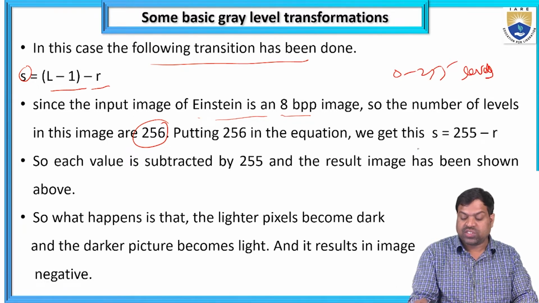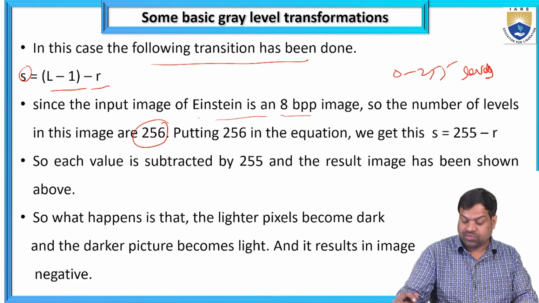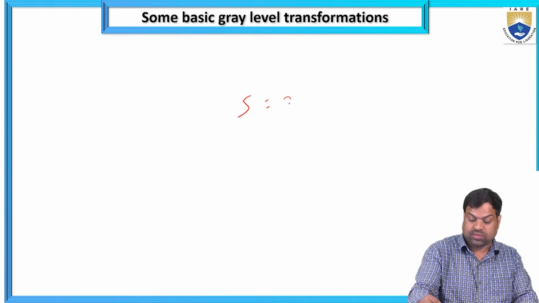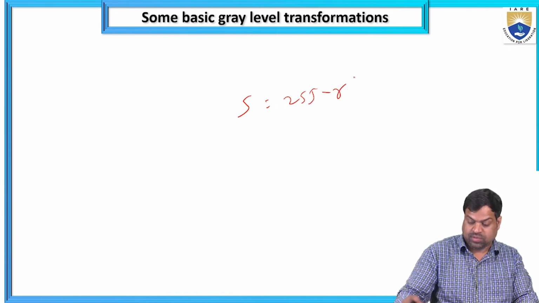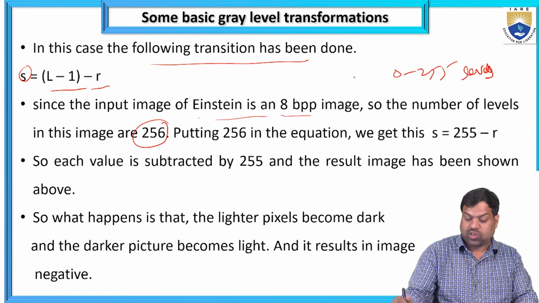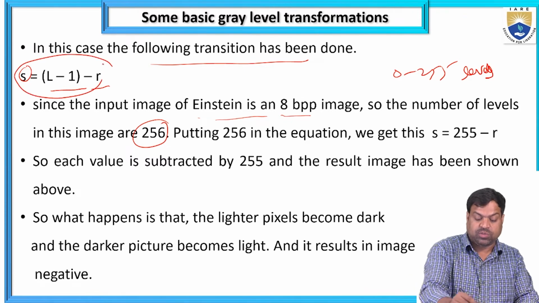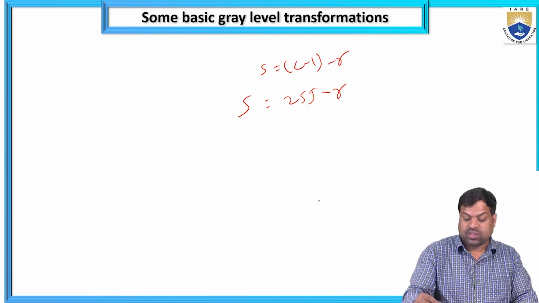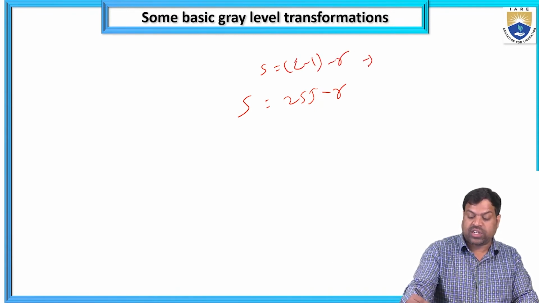So S equal to 255 minus R. That is the equation for the negative transformation.